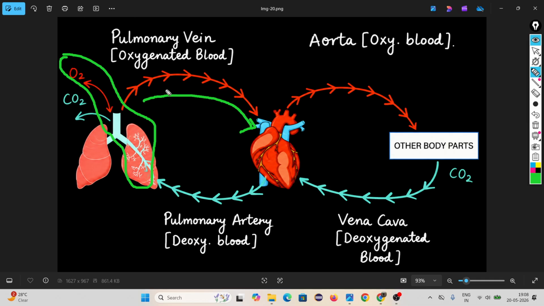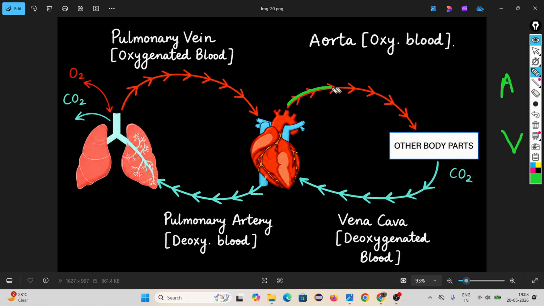Since it is going towards the heart, this is a vein. The main difference between artery and vein is: an artery carries blood away from the heart, and a vein carries blood towards the heart. That means it is a vein.